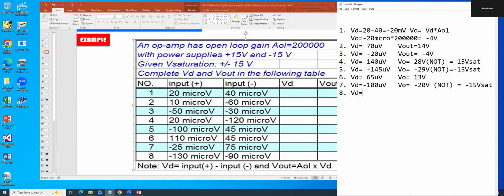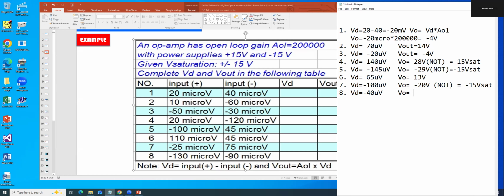Minus 40 V out. Times 200,000. Is it 8 volt or what?